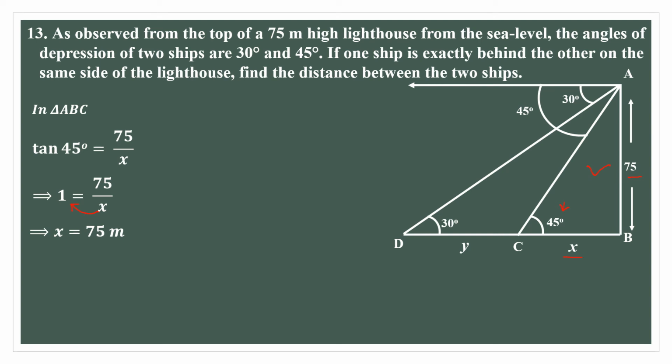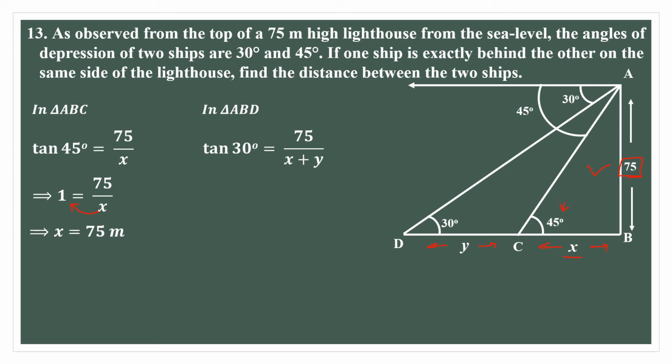Now when we consider triangle ABD, we will use this value of X so as to find out the distance between the two ships. So now if we consider triangle ABD, in this if I use tan theta, it will be tan 30 degree is equal to, perpendicular will remain the same, that is 75, but for the base we need to take this whole distance, that will be X plus Y. We know the value of tan 30 is 1 by root 3, so we substitute it over there.